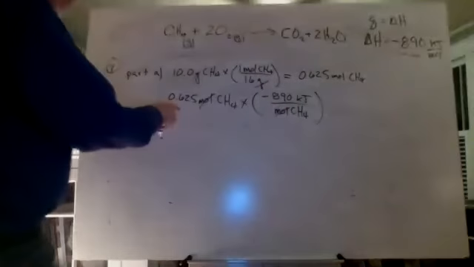So we can say if we reacted 0.625 moles, which is what 10 grams would represent, and we multiply that by negative 890 kilojoules per mole of methane, and the moles of methane will cancel, but we only have 0.625. We're going to use the absolute value of the heat.